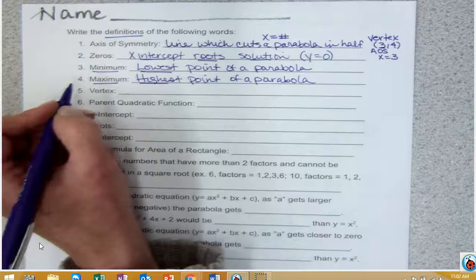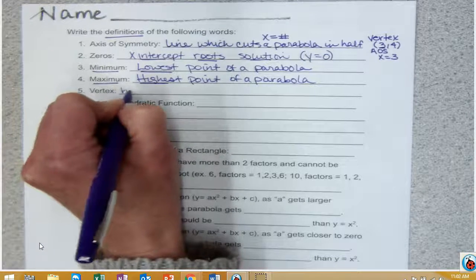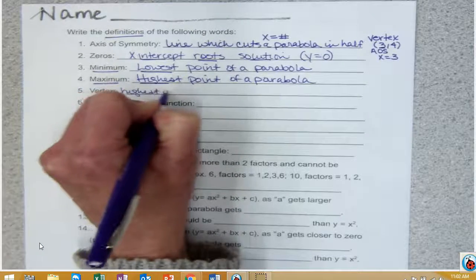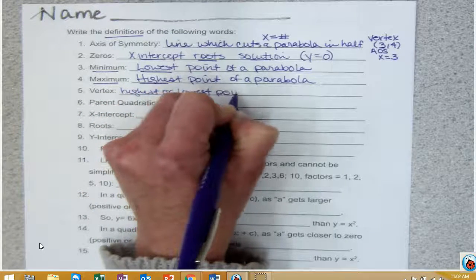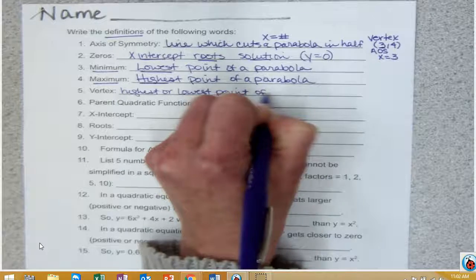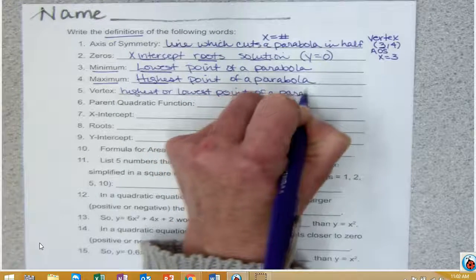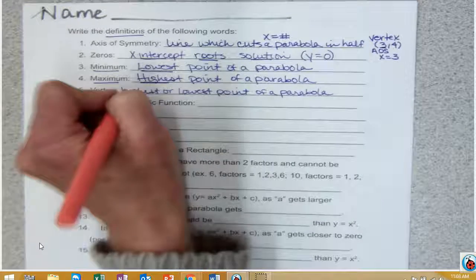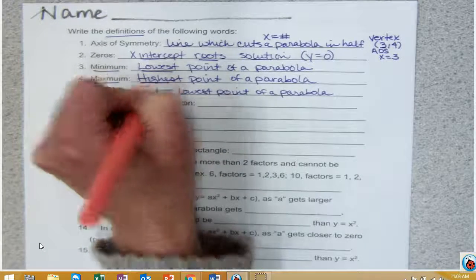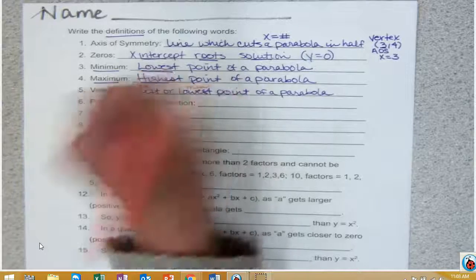The vertex is the highest or lowest point of a parabola. So here you've got your highest would be your maximum, your lowest would be your minimum, right?